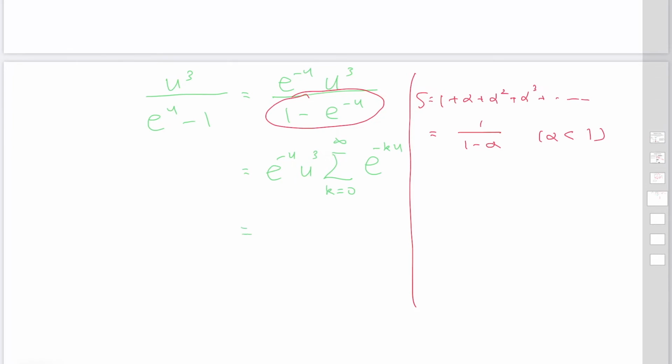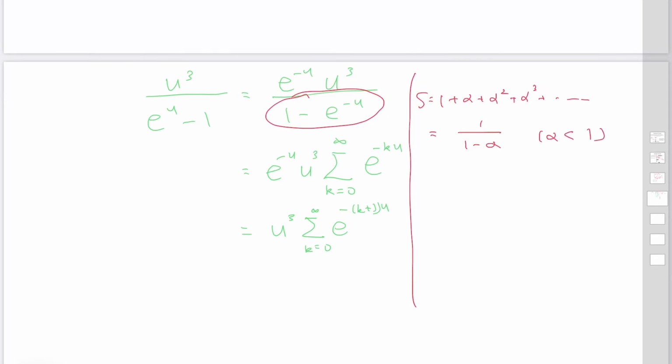So it's going to be u cubed, sum from k equals 0 to infinity, of exponential minus k plus 1 times u.